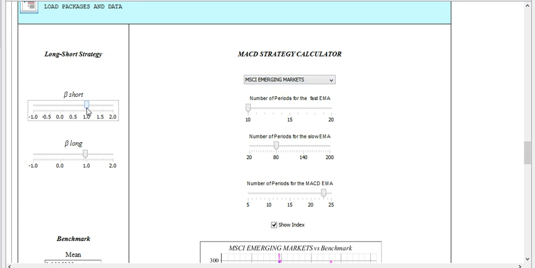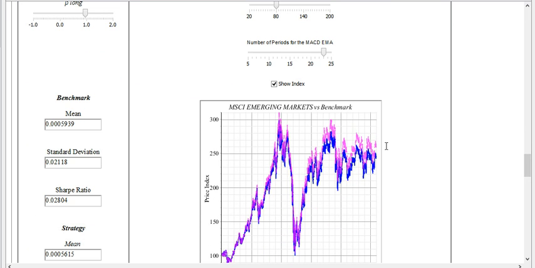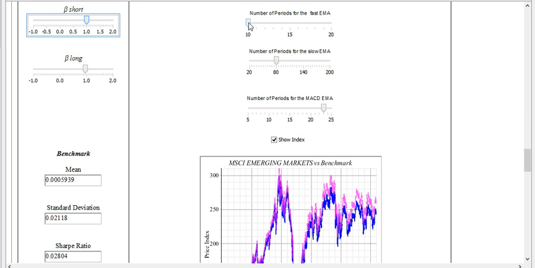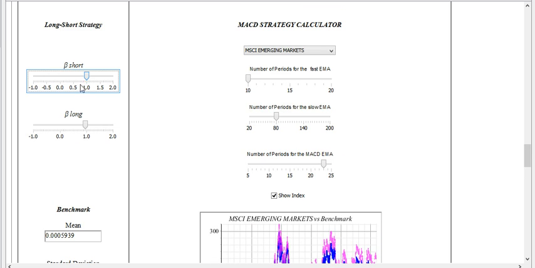We can just start, as always, with betas equal to 1 in both cases. So with this, we will have very short intervals for the fast EMA, and go beyond 90 for the slow EMA. So with that information, we can start playing with our strategy.